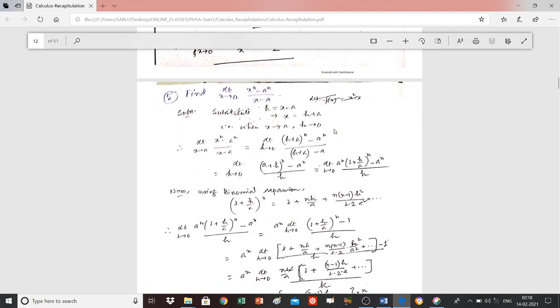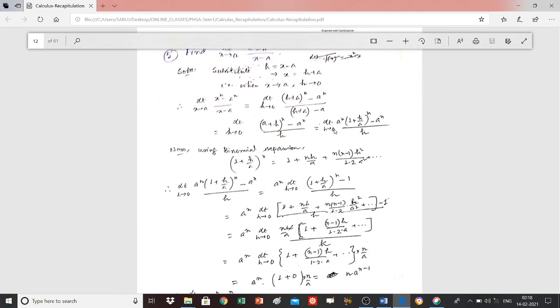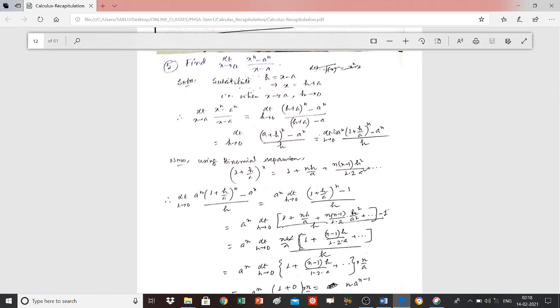Now another one is here: the limit as x tends to a of (x to the power n minus a to the power n) by (x minus a). You have to find the value of this limit. Just replace x minus a by h. Then x is equal to h plus a, and if x tends to a, then h tends to 0.